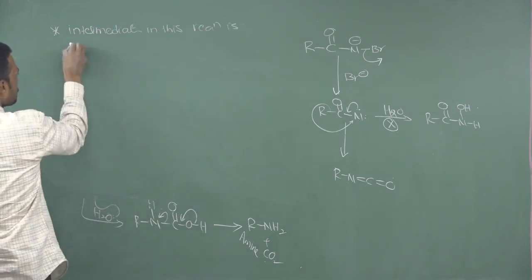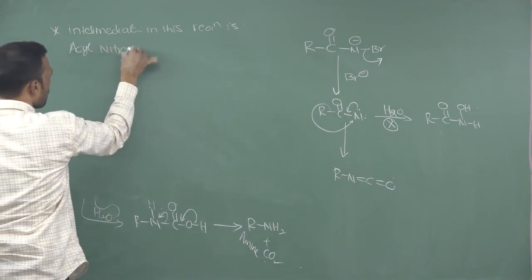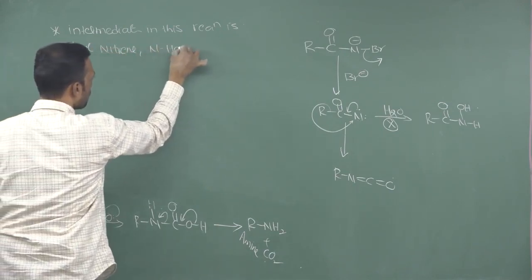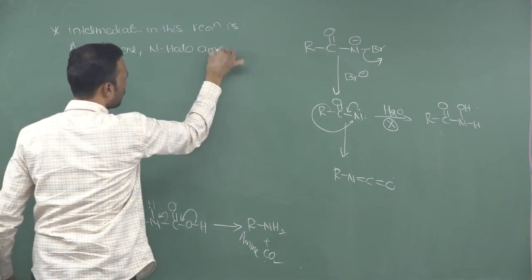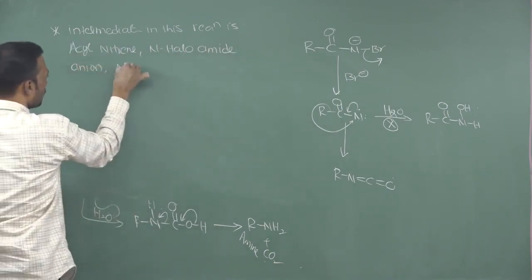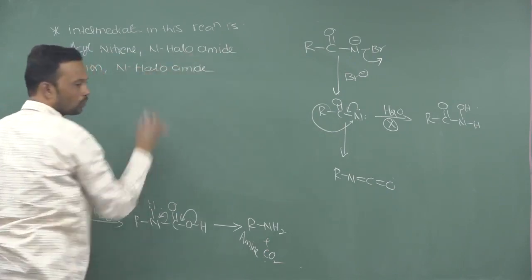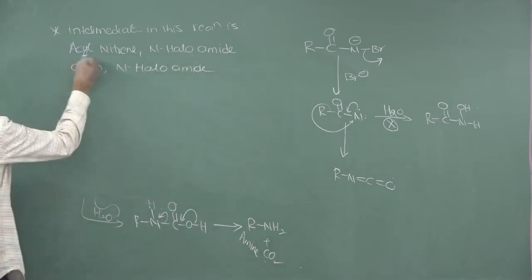Intermediate in this reaction is, see here, acyl nitrene, N-halo amide anion, next followed by N-halo amide. Okay, N-halo amide. You remember this point, acyl nitrene.